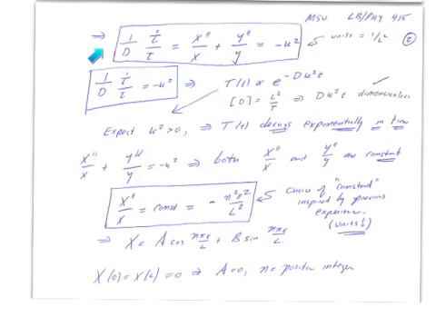Plugging in our assumed form into the equation and dividing by the solution itself, on the left-hand side we have a term which depends only on time, tau dot over tau, where tau dot is the derivative of tau with respect to time, and we put the diffusion constant on the left-hand side just for convenience. On the right-hand side we have two terms. One is the second derivative of the function of x divided by itself, and the second term is the second derivative of the function of y divided by itself.